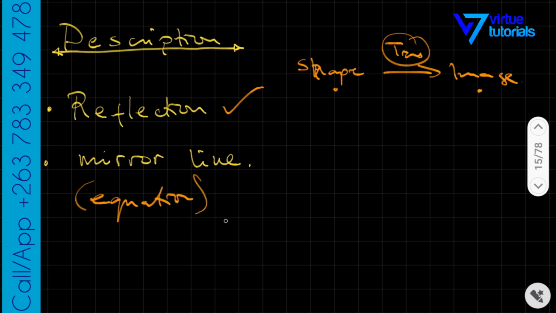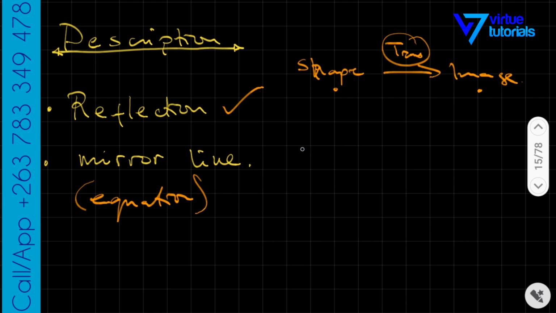The equation of the mirror line. Now, if you've looked at lines before, you realize that the lines that we draw on the Cartesian plane have equations. So it's important that when you are identifying your mirror line, since it's a line, you write the equation of that line.